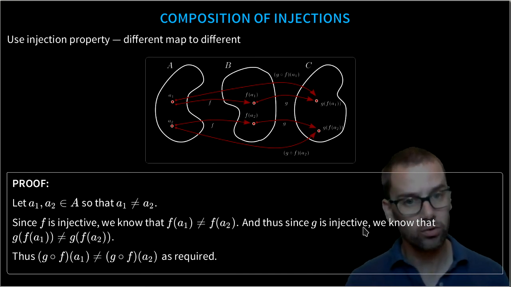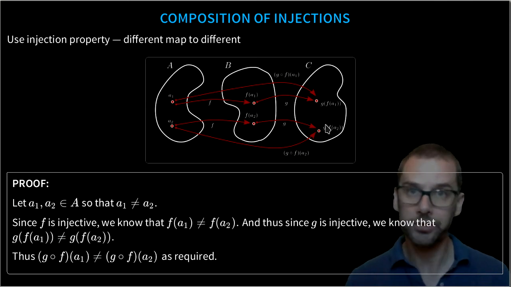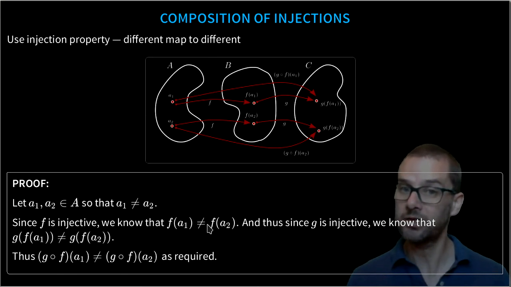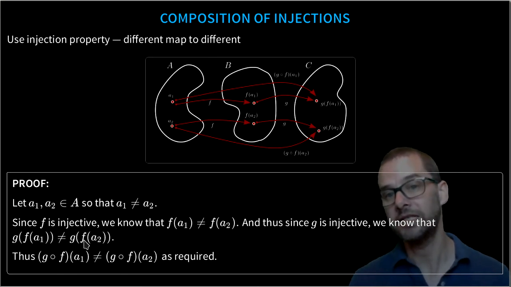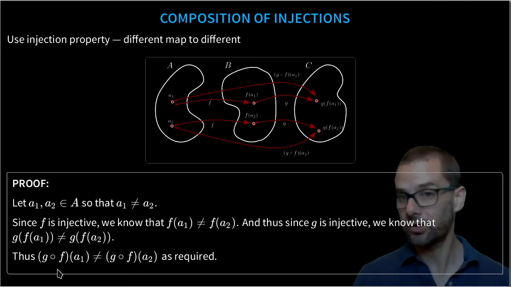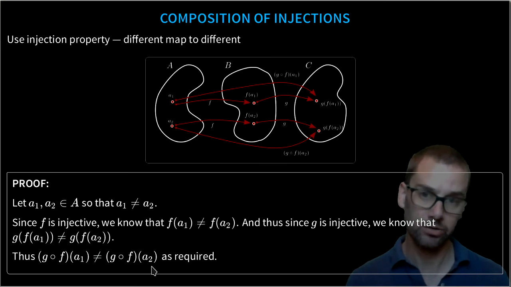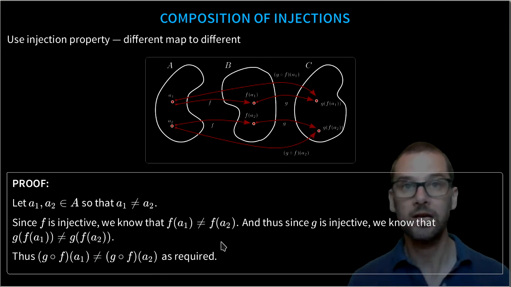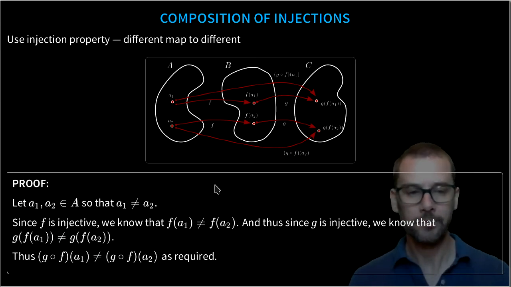And since g is also injective, we know that the images of these different points will themselves also be different. So we know that a1 is not equal to a2. Injectiveness tells us f of a1 is different from f of a2. And so g of f of a1 is different from g of f of a2, as required, showing us that the composition, g of f, is also injective when f and g are injective.